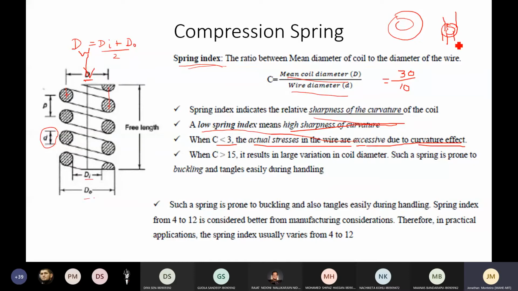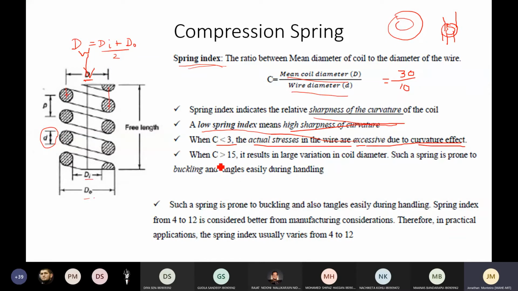That means the gap in between is hardly 10. Okay, so it is a very thick wire being forcefully wound in a very small coil. So that is why the stresses are excessive due to the curvature effect in such cases.